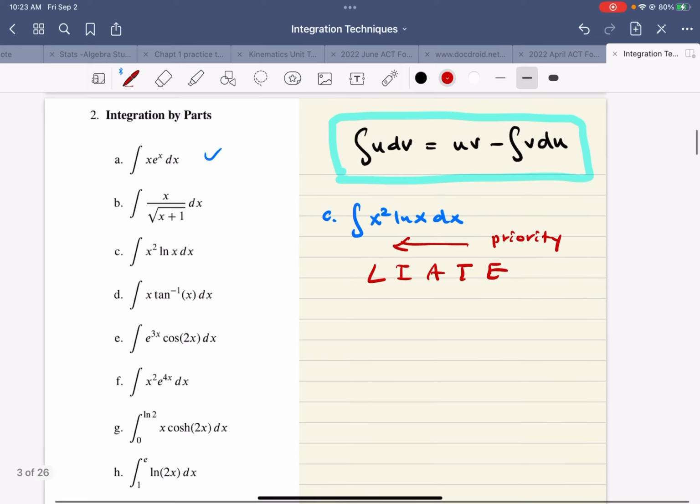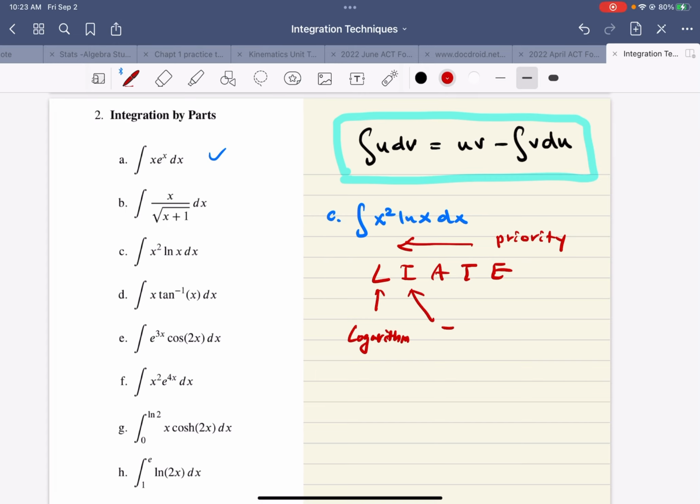So what does L stand for? This one is logarithm. Okay, like log or ln. And what does I stand for? Inverse trig. Okay, what does A stand for? Algebraic. Algebraic means in this case a polynomial like x squared or x. T means trig function.